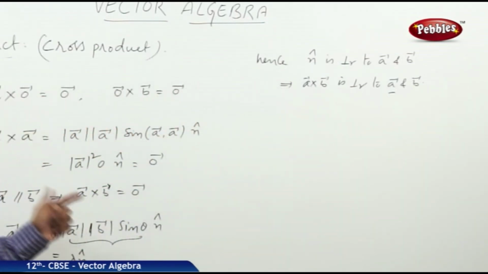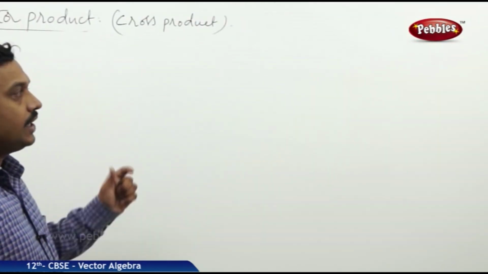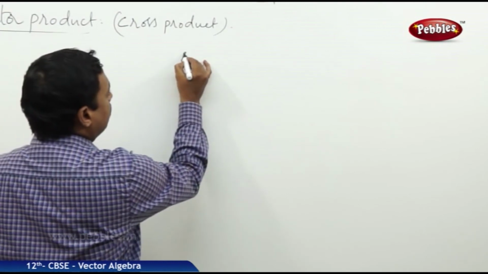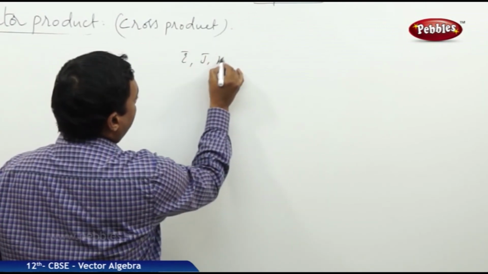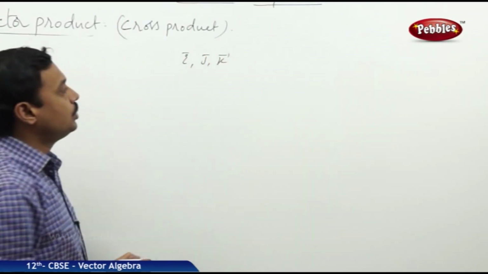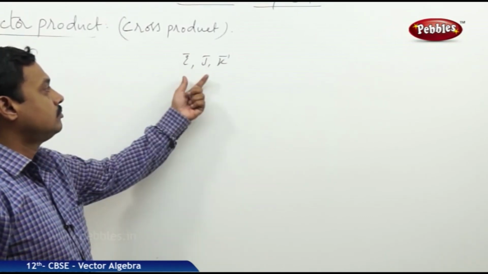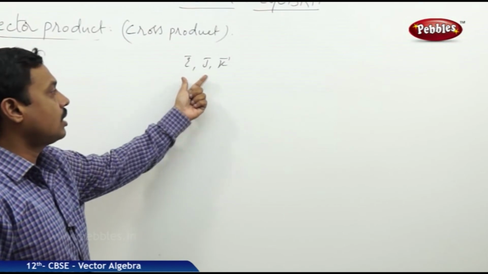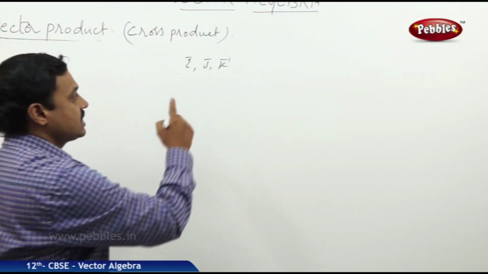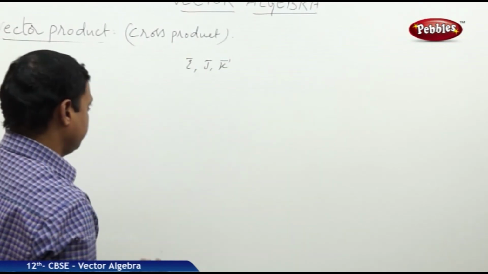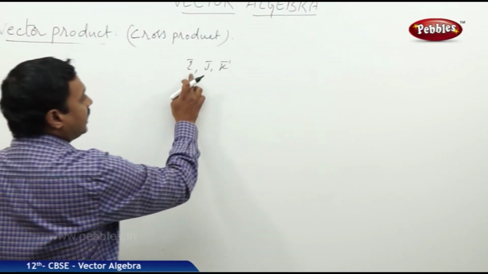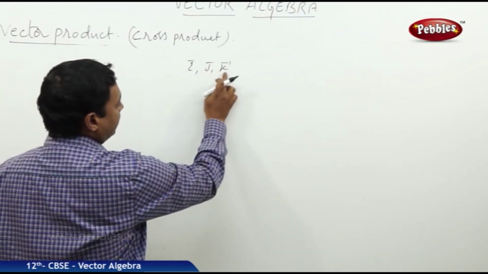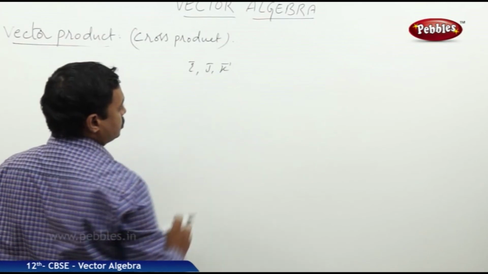Now these are the points we observed from the definition. We know that I bar, J bar, K bar are unit vectors as well as mutually perpendicular vectors, which lie on the coordinate axes x, y, z respectively. We know that I dot j is equal to 0, j dot k equal to 0, I dot k equal to 0.